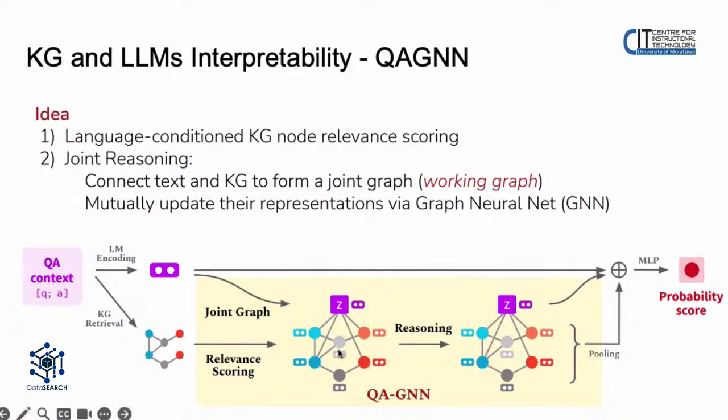So it's a way to model the context from the language model and also a knowledge graph. And there are intelligent techniques like relevance scoring. Even with knowledge graphs, the subgraph generation, which is retrieving this graph from a huge knowledge graph, is a research problem, because sometimes you get noise.